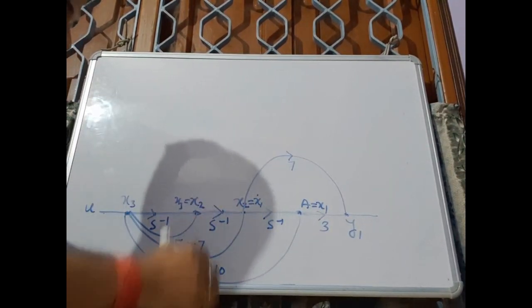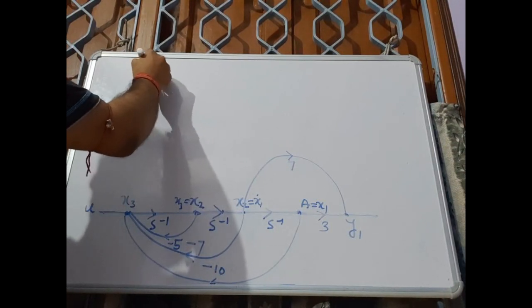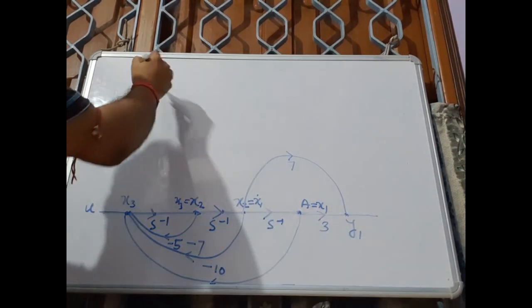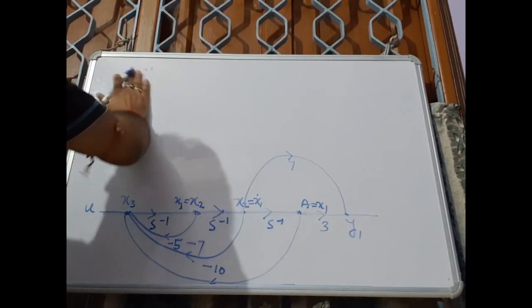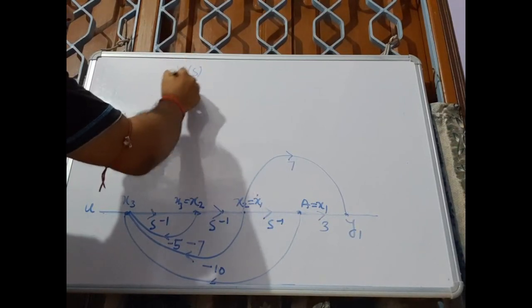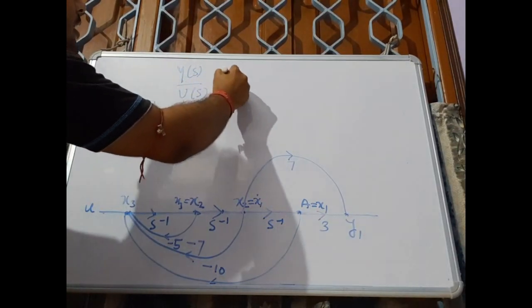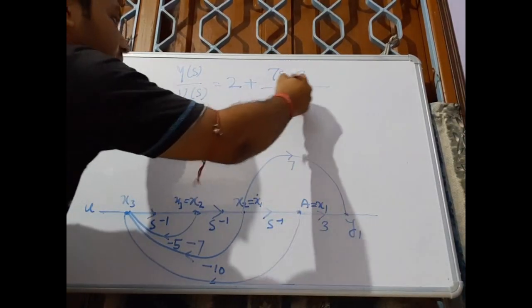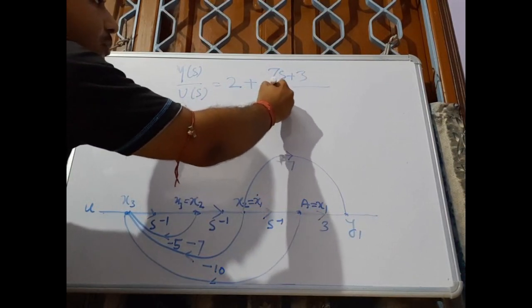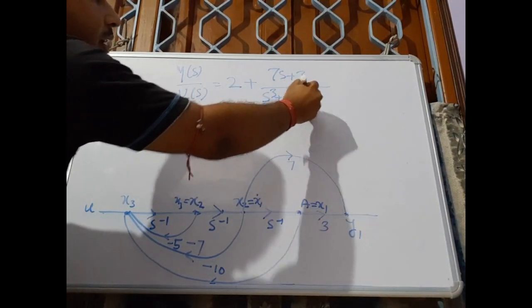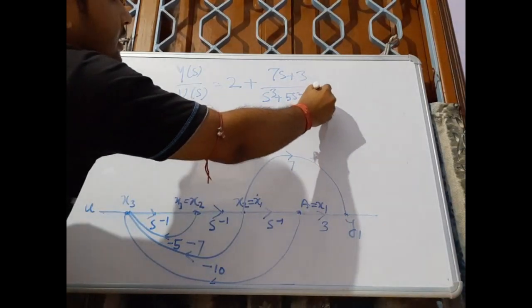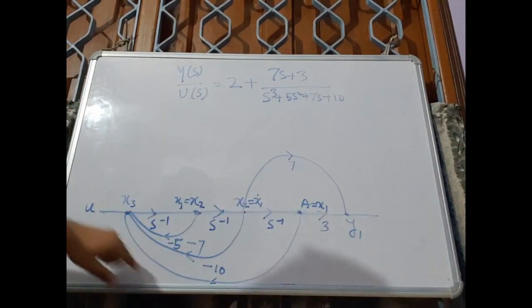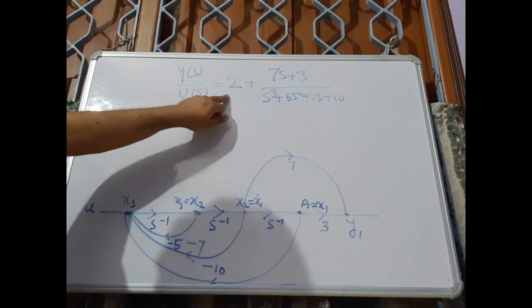Now Y(s) divided by U(s), what I have done, 2 plus 7s plus 3 over s cube plus 5s square plus 7s plus 10. Now this part is this, right?